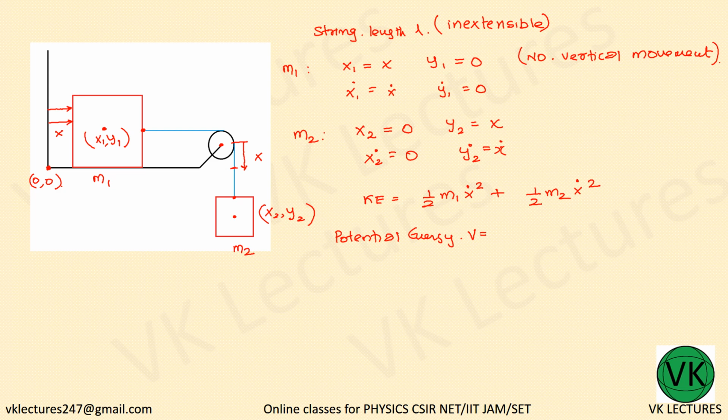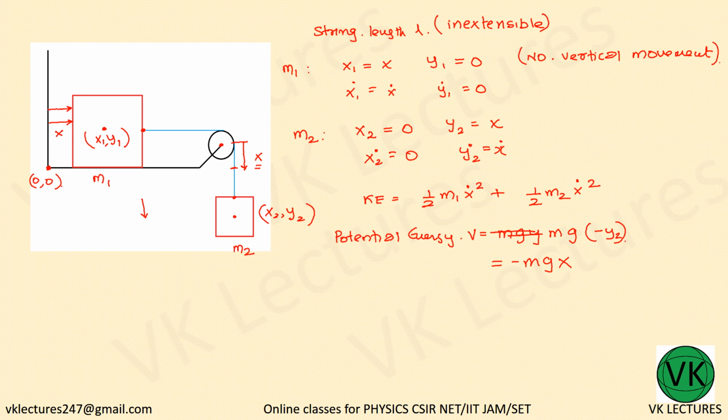And with respect to m2, there is a displacement of x, so mgy, and since it is downward, we'll put a minus sign, so we write mg times minus y, and what is y? That is y2, and y2 is equal to x, so that's equal to mg x with a minus sign.